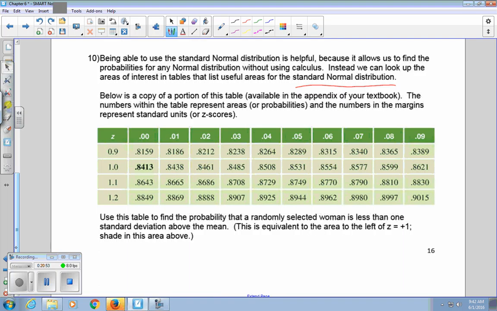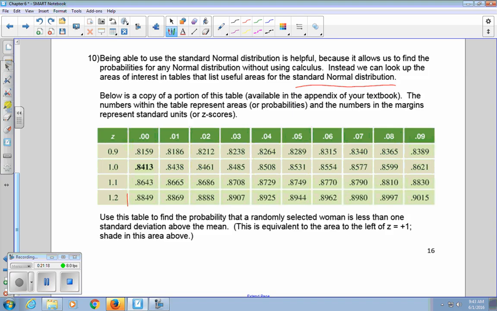So this special table is available in your textbook. It's also included in your note packet on the last page so that you can use it to look up probabilities right now. It says below is a copy of a portion of the table, and the numbers in the table represent the areas or probabilities.